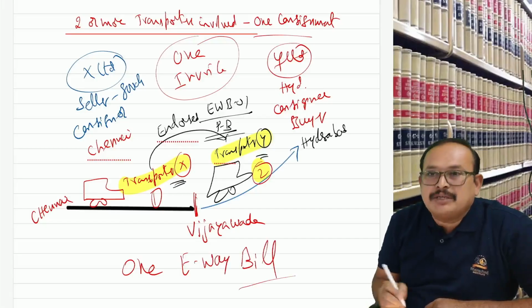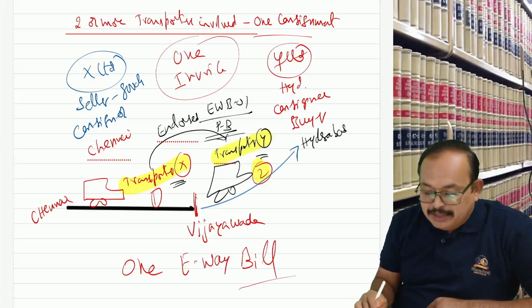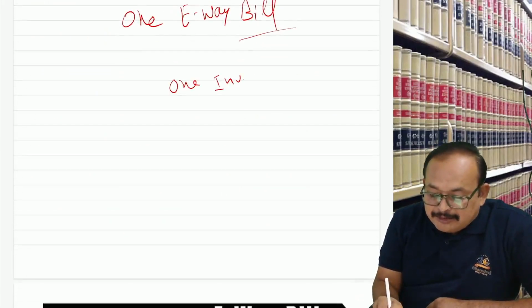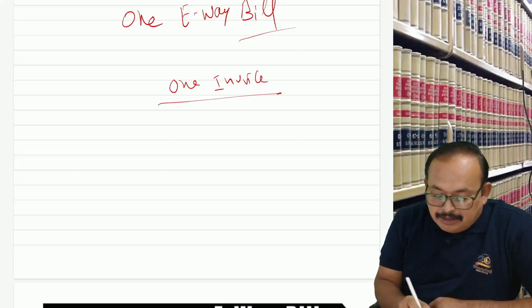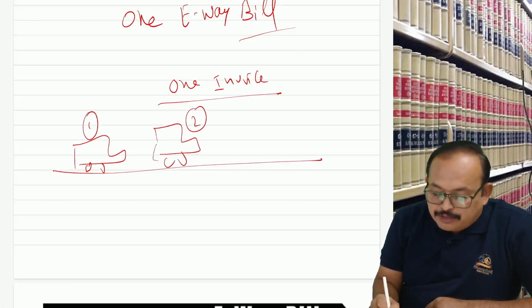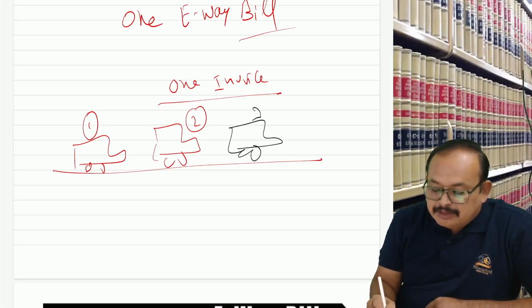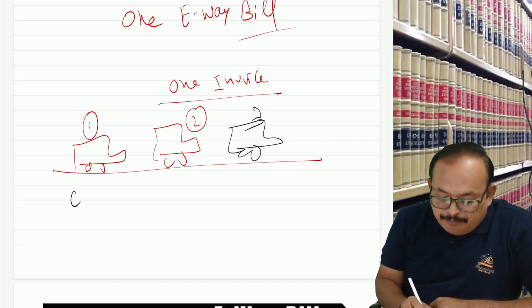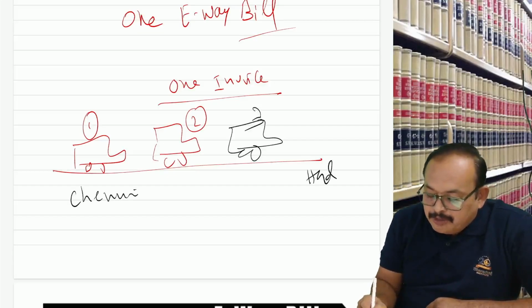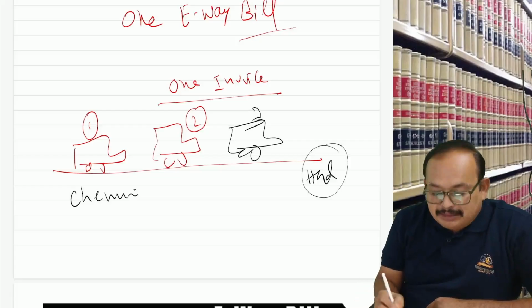Only by endorsing can you transfer. But your case here is one invoice, with truck 1, truck 2, truck 3 from Chennai to Hyderabad.